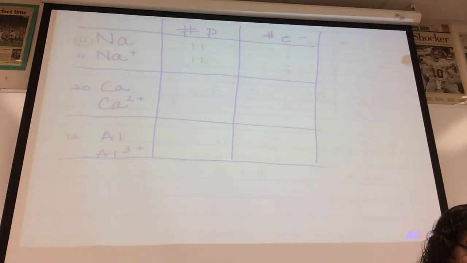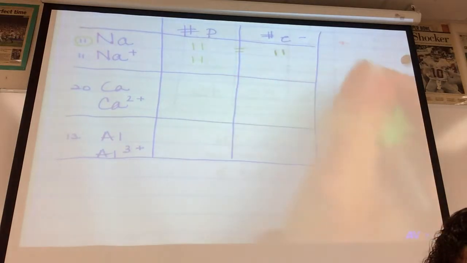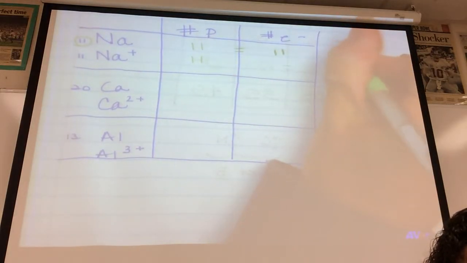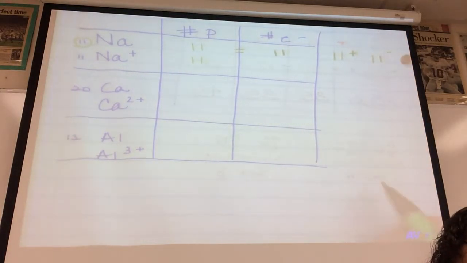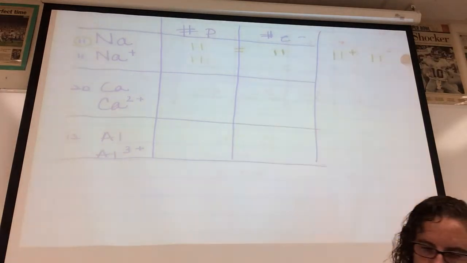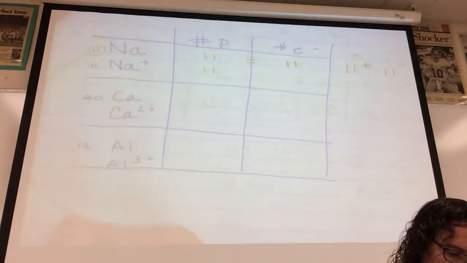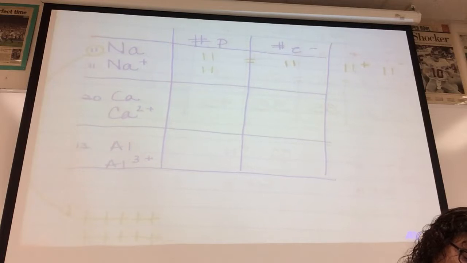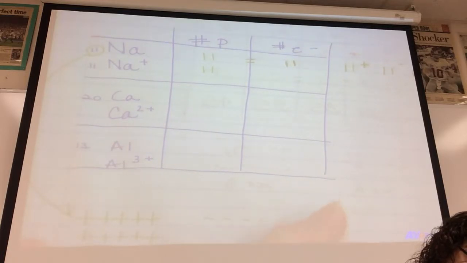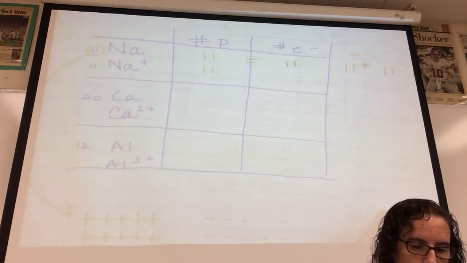Now the neutral atom has to have the same number of electrons, because if you have 11 positives and 11 minuses, you'd have net neutral, correct? Let me illustrate that differently. So if you have 11 pluses and 11 minuses, you're net neutral, no charge.